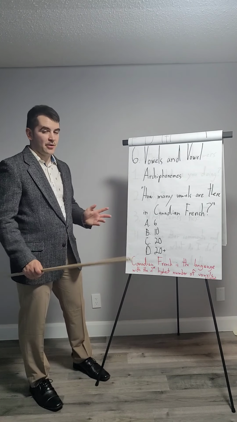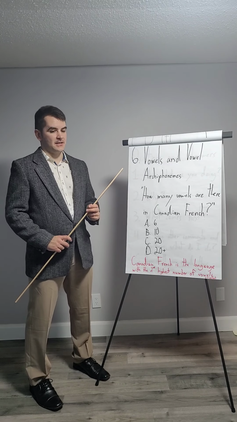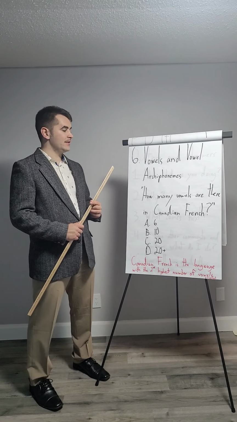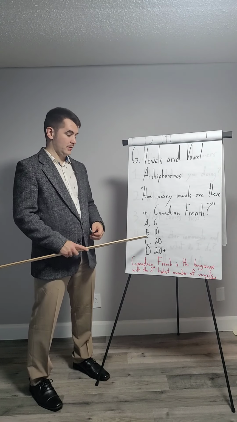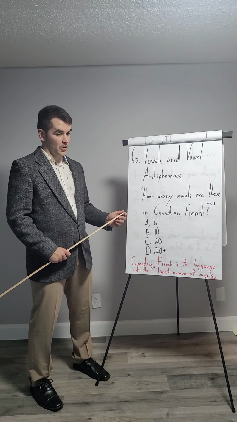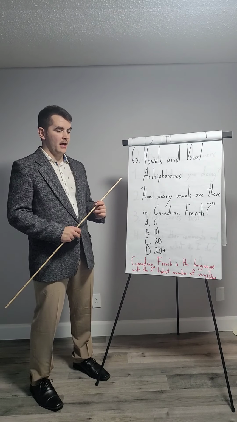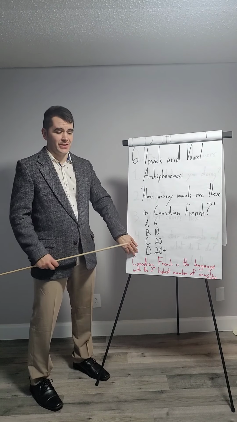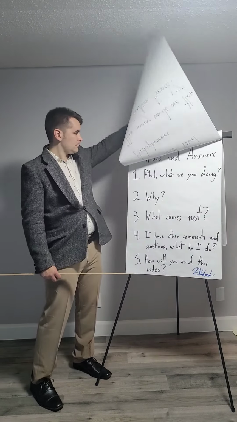But anyways, it's possible that Canadian French is number 2, and that's in very big contrast to international French, which would have that number at around 10. So that's just one of the big reasons why Canadian French is so confusing to many people. It's really the number of vowels.